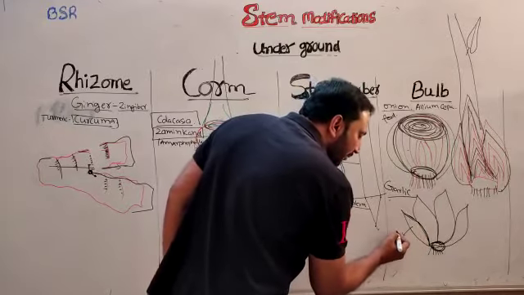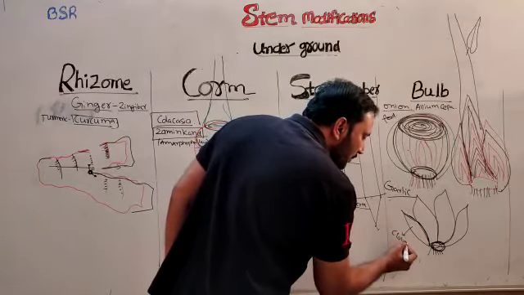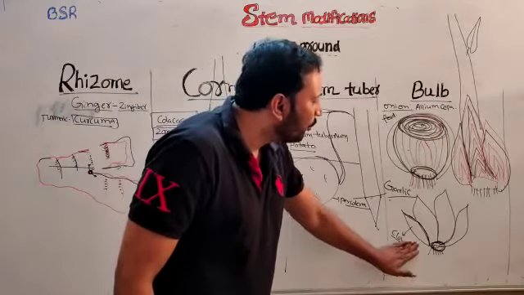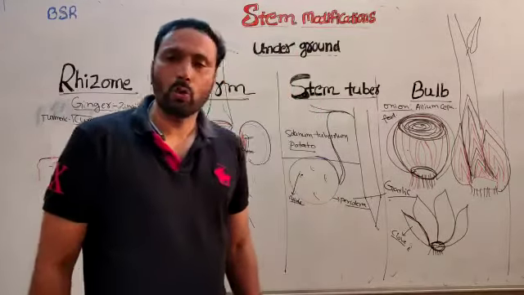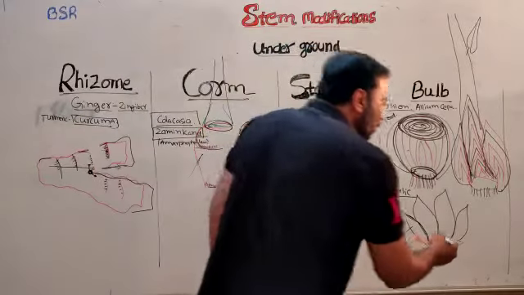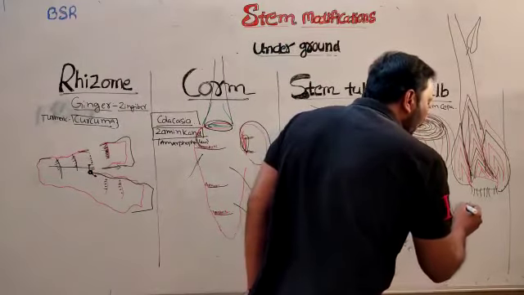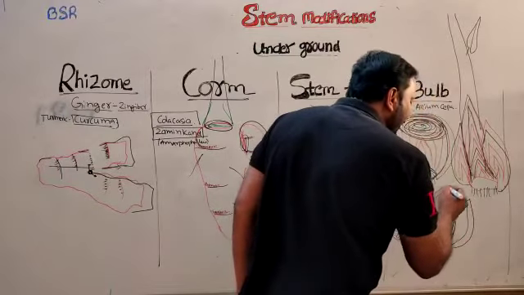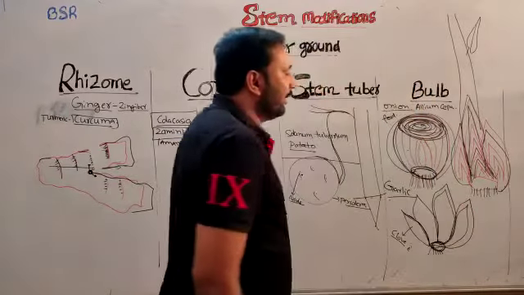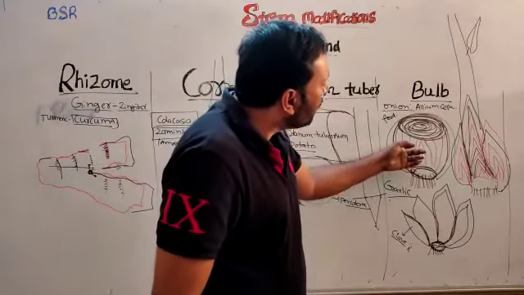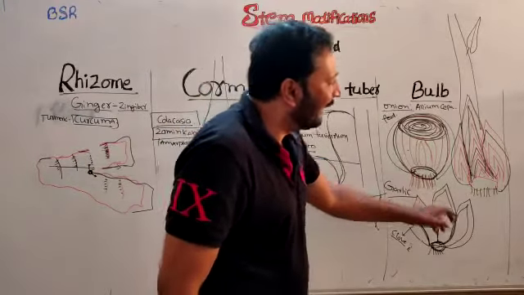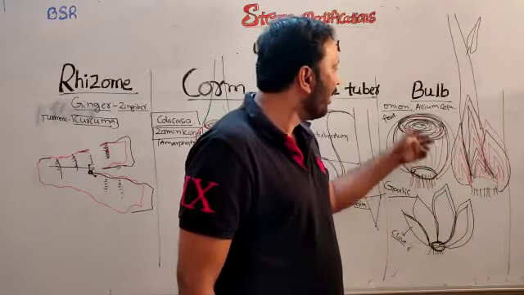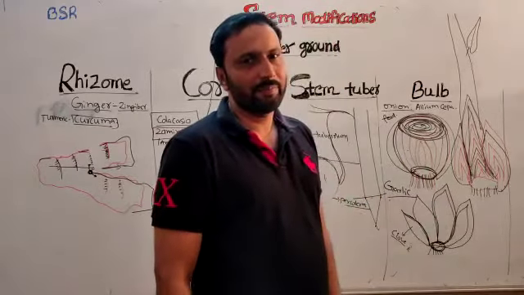That fleshy scale leaf is called a clove, and together they are called cloves. Each clove is surrounded by a white dry layer called tunica. Here the entire bulb is covered by tunica; in garlic each clove is surrounded by tunica. That is the main difference between onion and garlic.